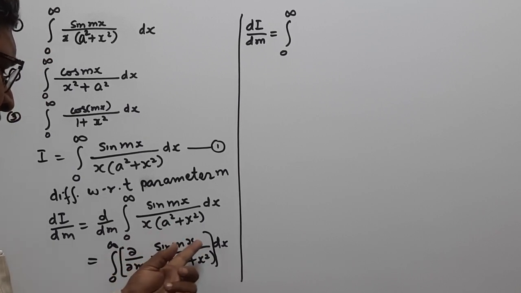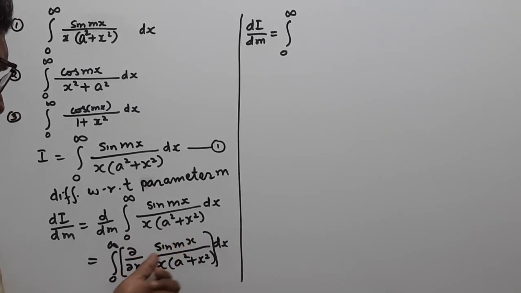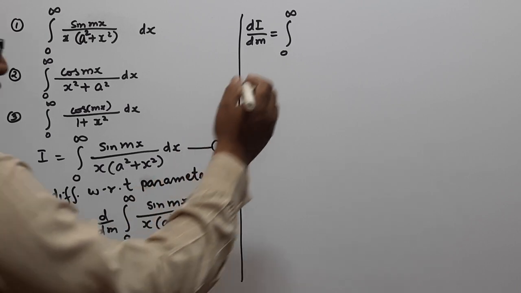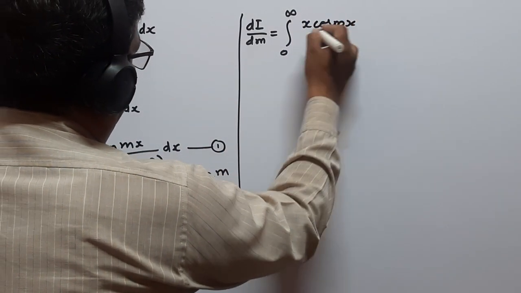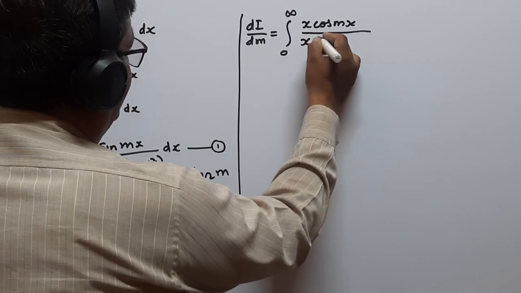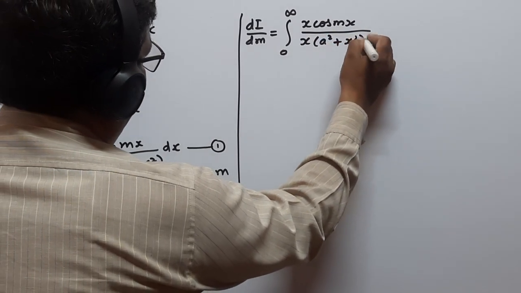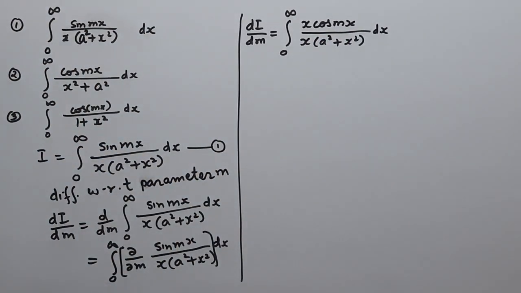So we differentiate only sin mx with respect to m. So we get here x cos mx divided by x multiplied by a square plus x square dx.